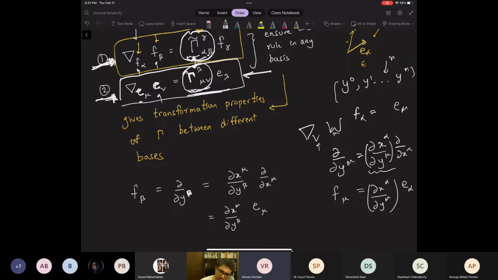You can substitute for each of these f's using this, and that's in fact how the proof goes. You substitute for each of these f's, and on this side as well. Then you'll get a new expression which involves derivatives with respect to some e mu and e nu, and you demand that whatever you get over here should reproduce this rule. To ensure that it does, the gamma twiddle and gamma have to be related in a certain way.